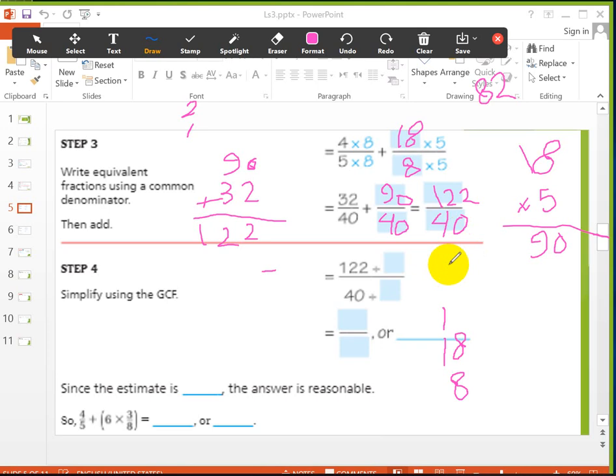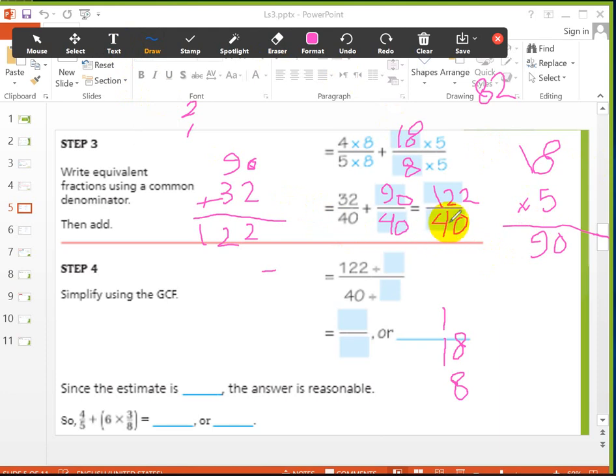Okay, this is the answer for this expression. Now, the answer is a fraction and I have to write it in the simplest form. So I have to find the greatest common factor for the numerator and denominator.